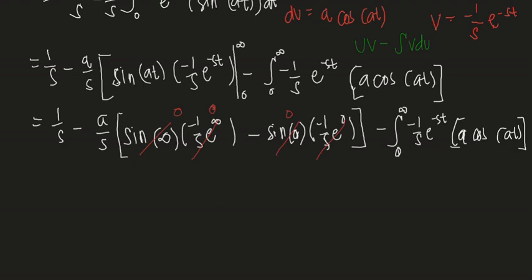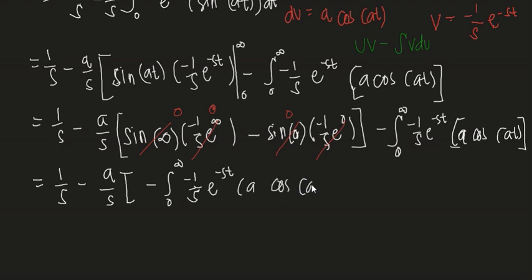So simplifying, this is equal to 1 all over s a all over s multiplied by, so wala na ta first equation, so we will have negative from 0 to infinity of negative 1 all over s e raised to negative st of a cosine at.